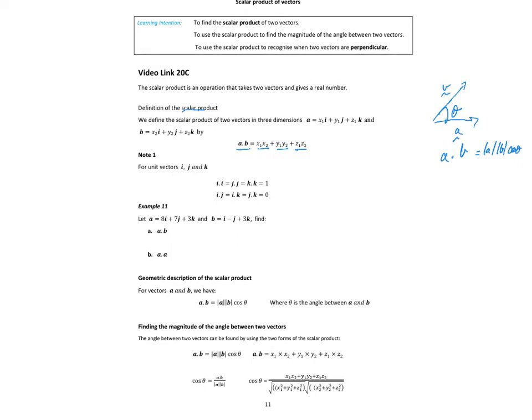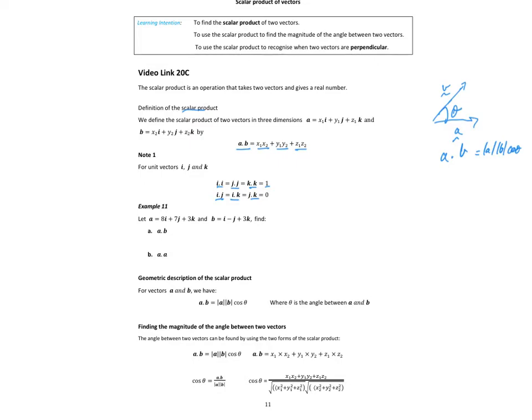There are some really interesting properties we can extrapolate from that rule. Any unit vector dotting itself is one. And as it turns out, i.j, j.k, i.k, those unit vectors dotting with another unit vector, is equal to 0.